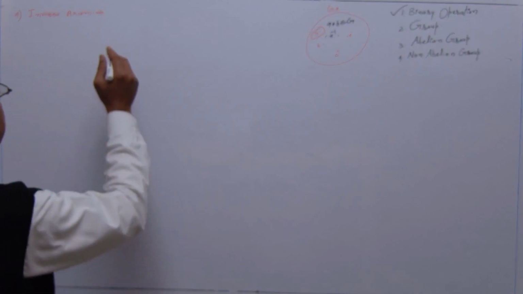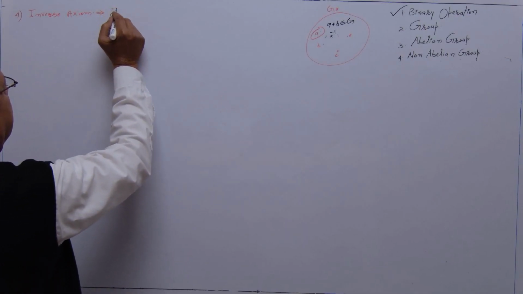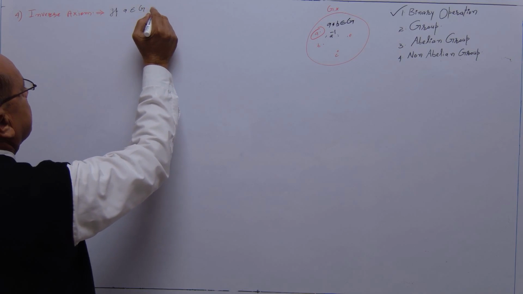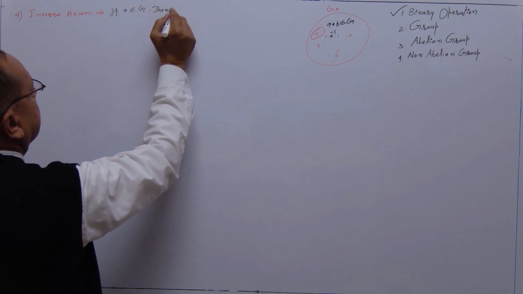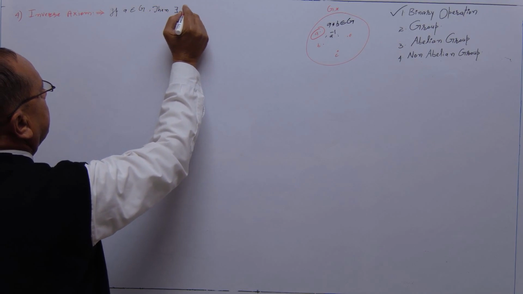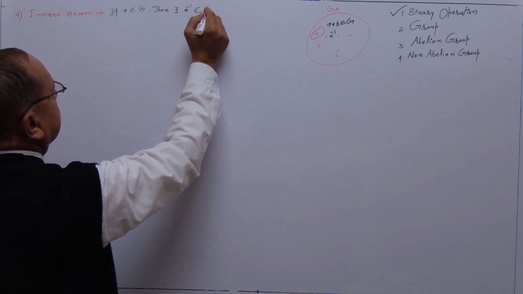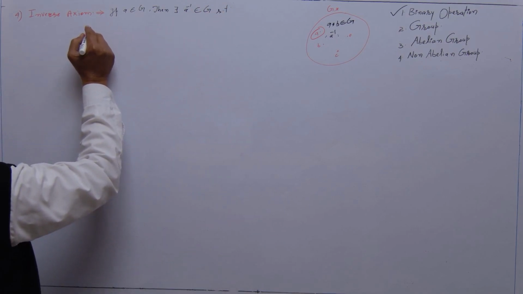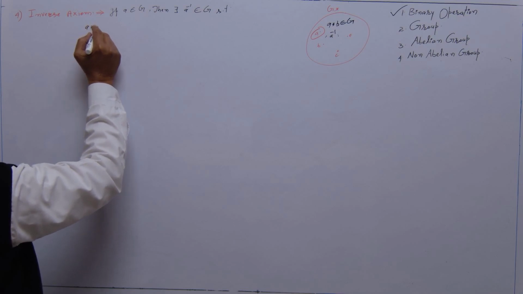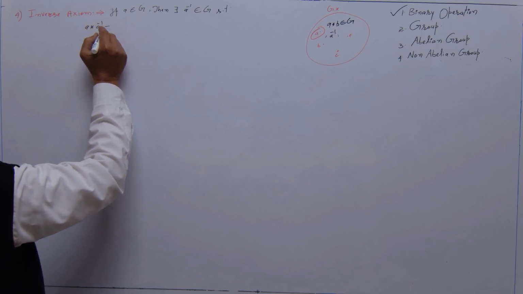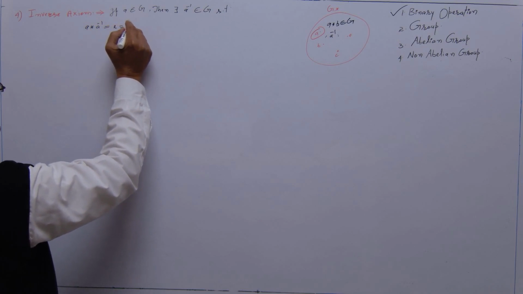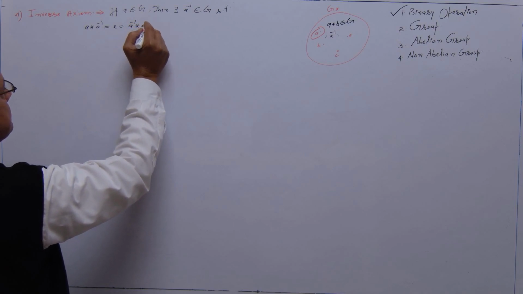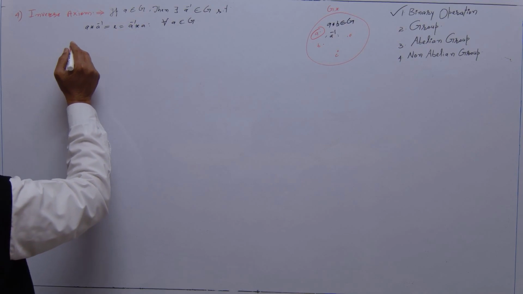If a is an element of set G, then there exists an element a inverse also belonging to set G such that a star a inverse is equal to e is equal to a inverse star a.